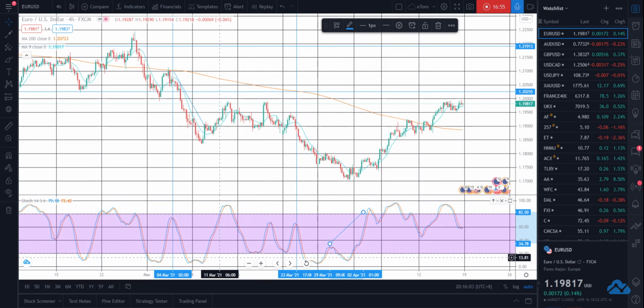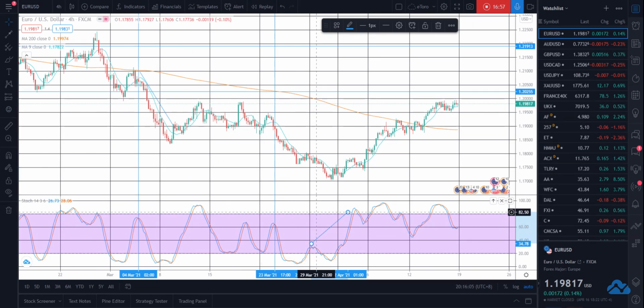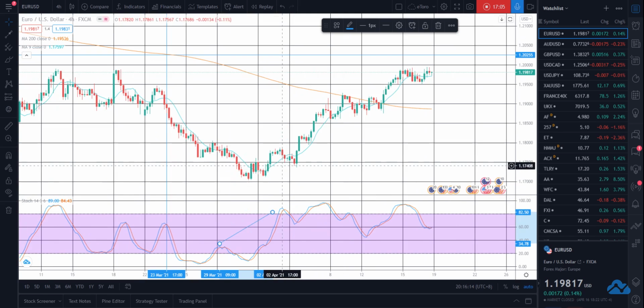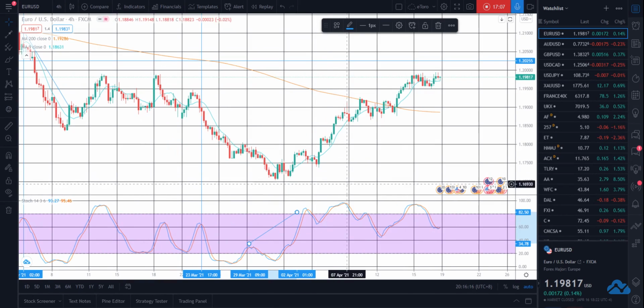But in a trendy market, normally they just act as momentum, and you can see here it just keeps going up because we have the momentum. So you may wait until the indicator goes below the upper level or goes above the lower end.